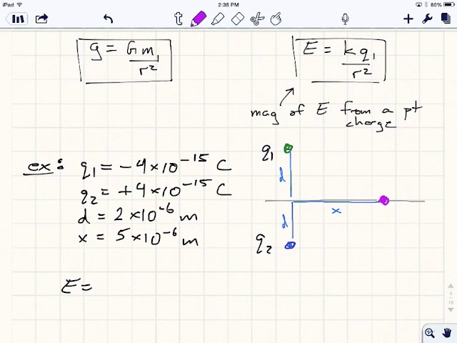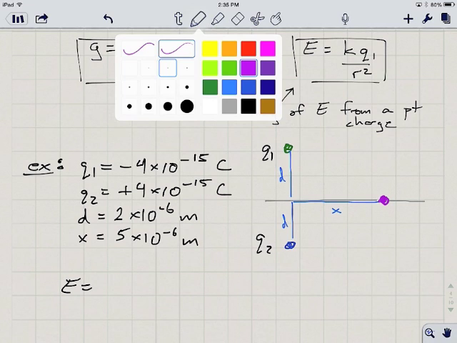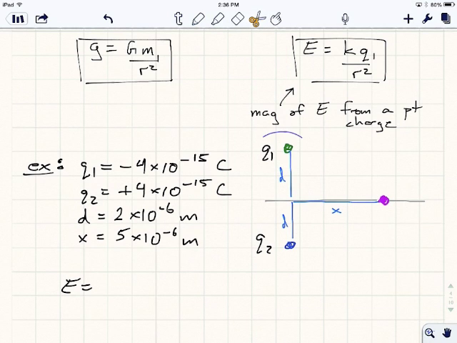So first, I want to look at the direction of the electrostatic field due to just charge 1. I know that if I place a small positive test charge here, it's going to experience a force. Because charge 1 is negative, the force on this charge is going to be attractive, so I'm going to have a force that is directed like so, towards that charge.